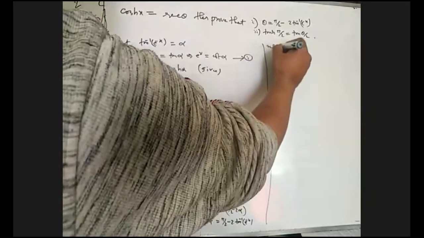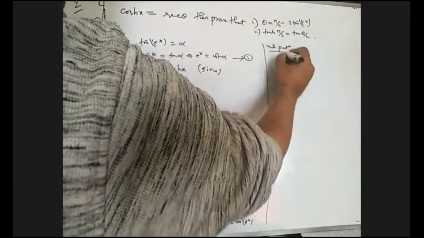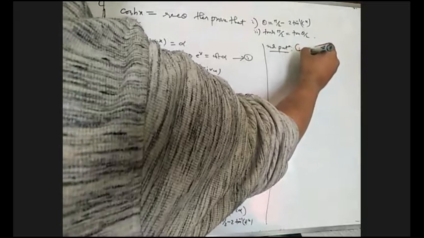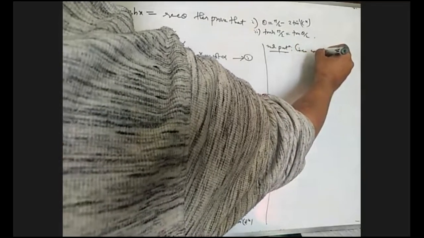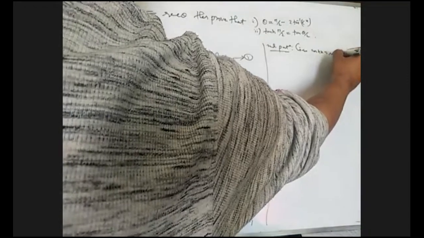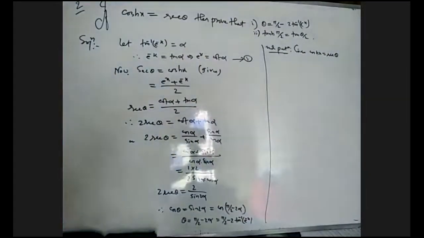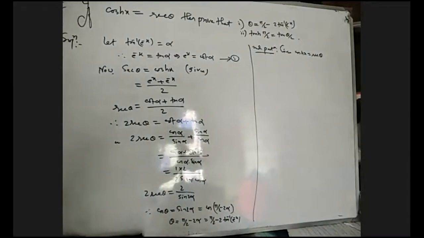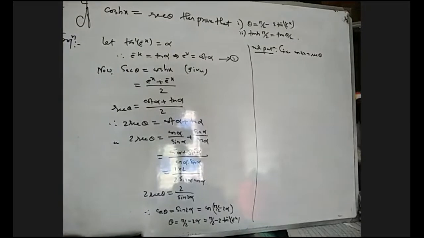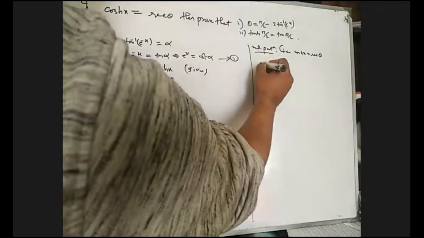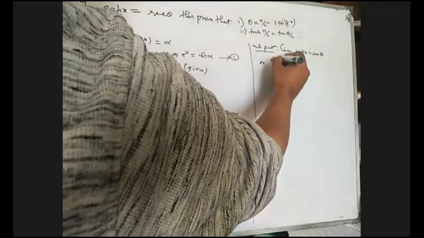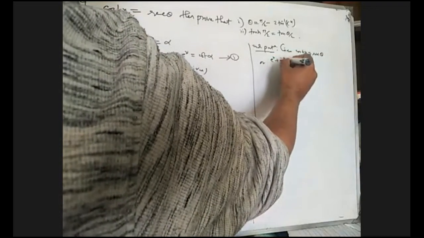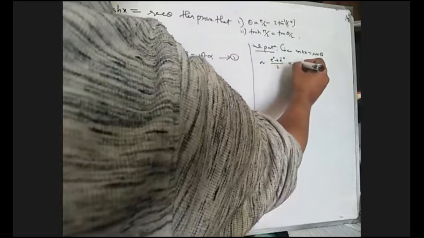Now for the second part, given cosh x equals sec theta. So cosh x equals sec theta, or cosh x in exponential form, e to the power x plus e to the power minus x divided by 2, equals sec theta.